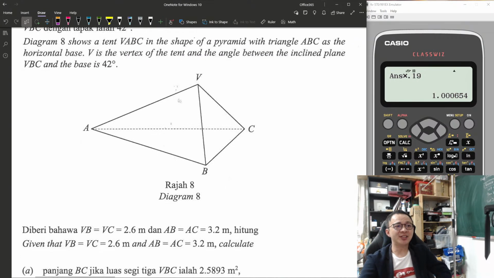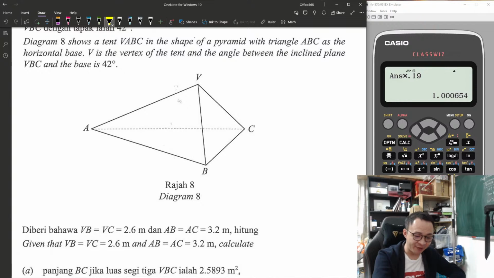This diagram shows a tetrahedron VABC. It's the shape of a pyramid. Triangle ABC is a horizontal base, V is the vertex of the tetrahedron, and the angle between the inclined plane VBC and the base is 42 degrees. So we have a specific plane here, VBC, and then we also have the base. I use the highlighter.